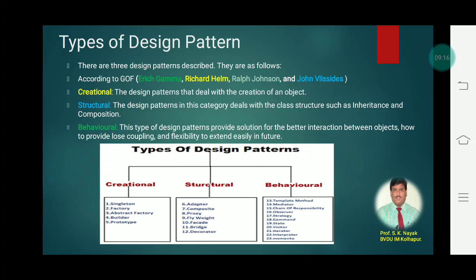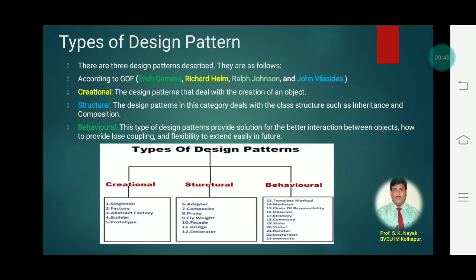GOF means the Gang of Four authors, who have prescribed the 23 design patterns. They are Erich Gamma, Richard Helm, Ralph Johnson and John Vlissides. These four people have suggested 23 unique design patterns which can be universally accepted for any particular scenario or situation.